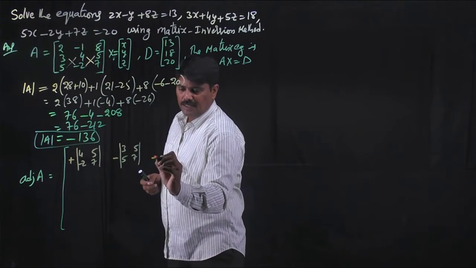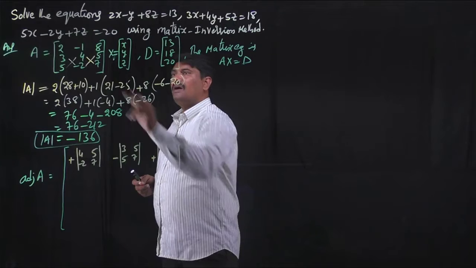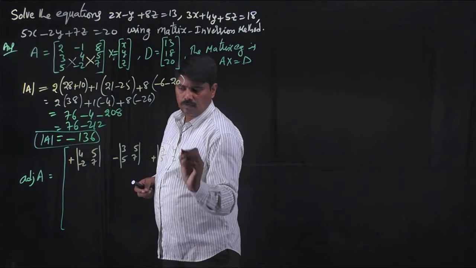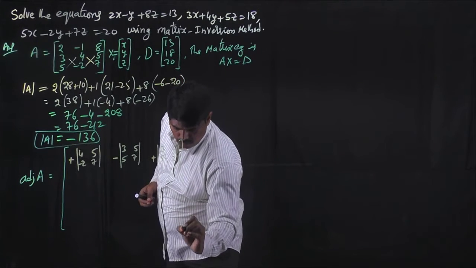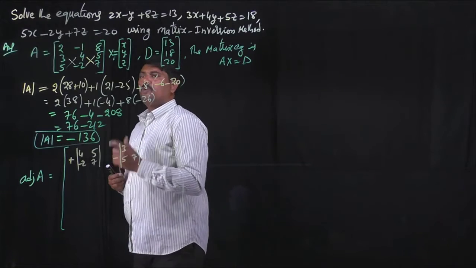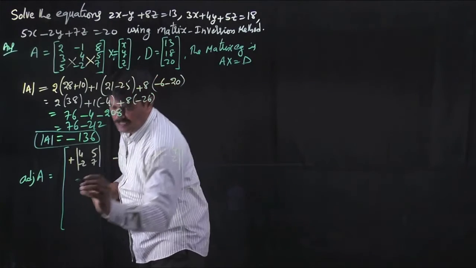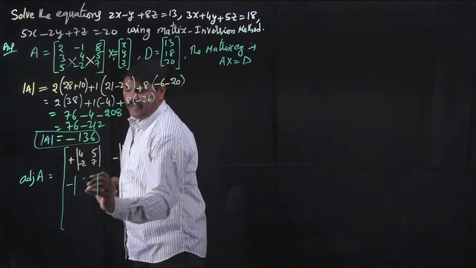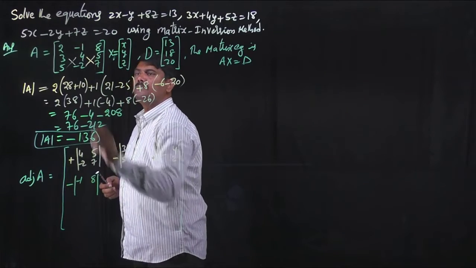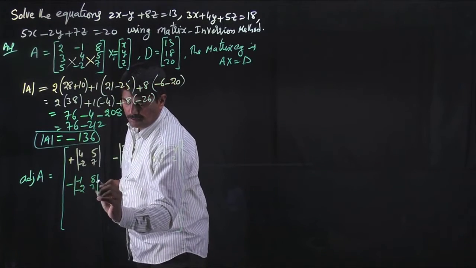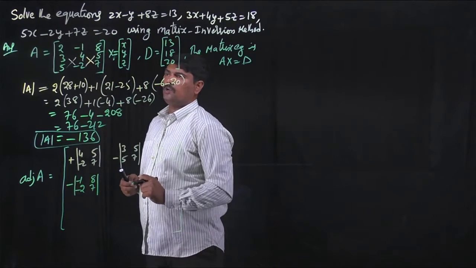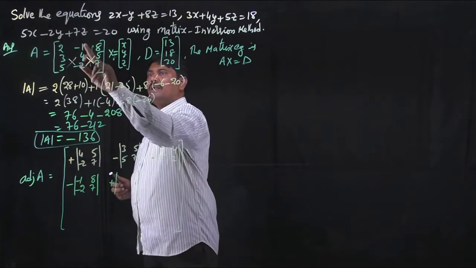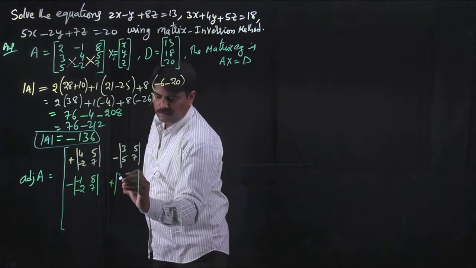The cofactor sign of 8 is plus and its minor will be 3, 4, 5, minus 2. Moving to the second row, the first element 3 has the negative cofactor sign, with minor minus 1, 8, minus 2, 7. The middle element 4, second row second column, has the positive cofactor sign and its minor will be 2, 8, 5, 7.